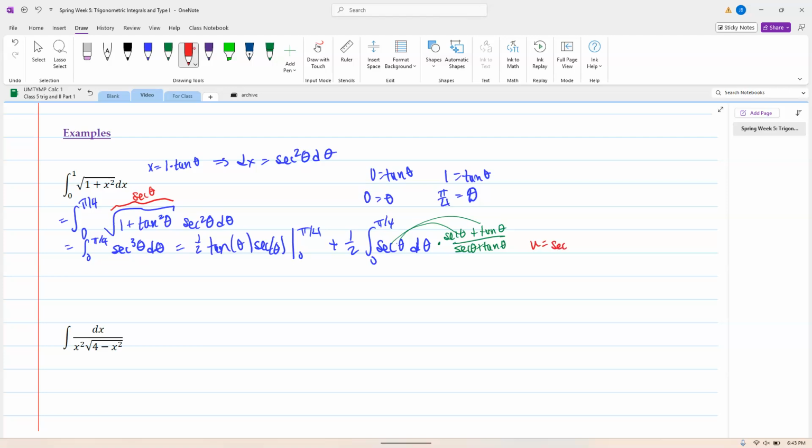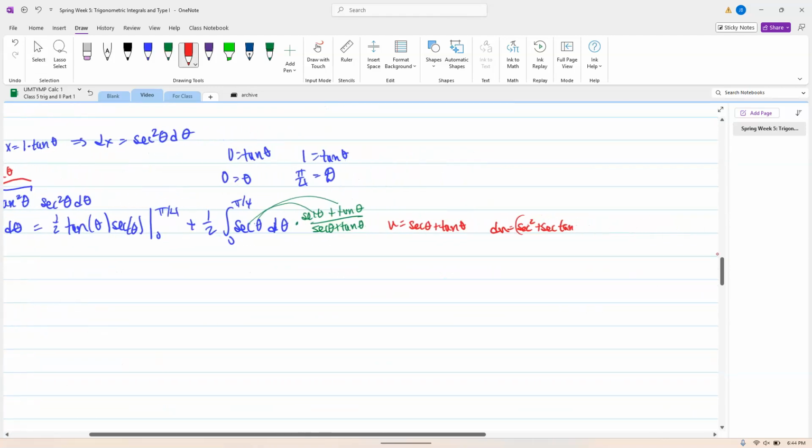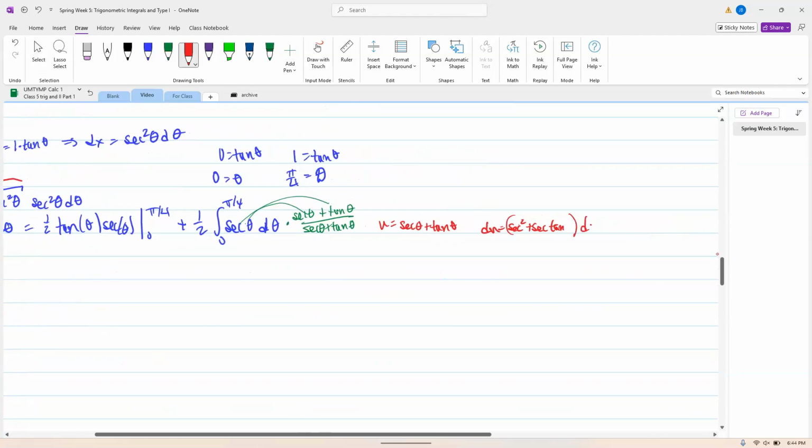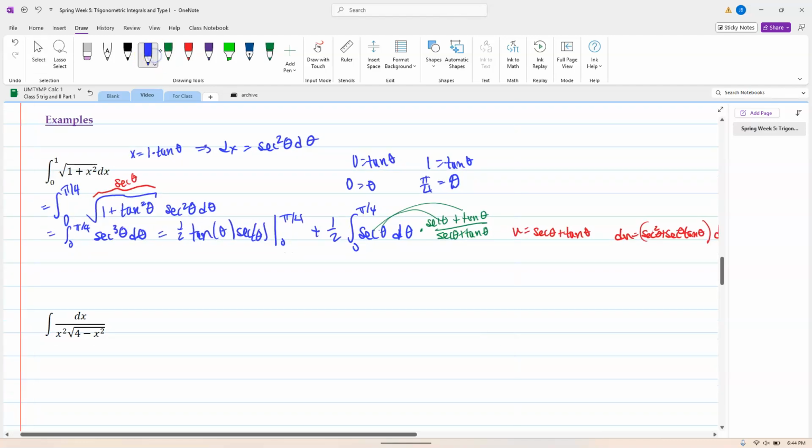If I do secant of theta plus tangent of theta as my u, then du would be secant squared plus secant times tangent, d theta. These are all thetas. So that's the numerator, right? So this would be 1 over u du.